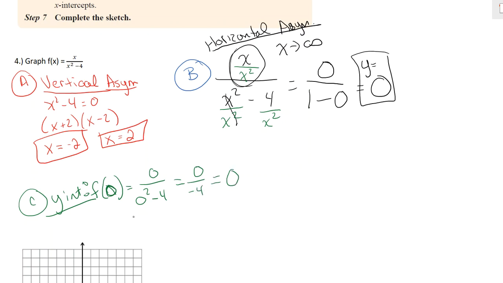So our y-intercept happens to be our x-intercept, which is at (0, 0). Number 4, or D as I'm going to label it, is to find the x-intercepts. Well, you can see by letter C that the x-intercept will just be (0, 0).